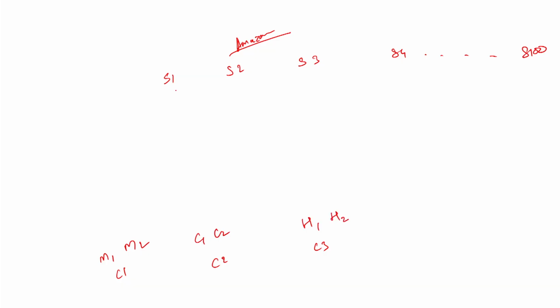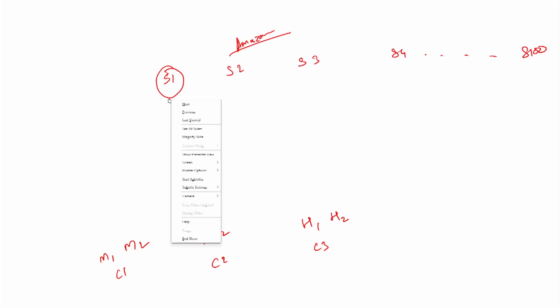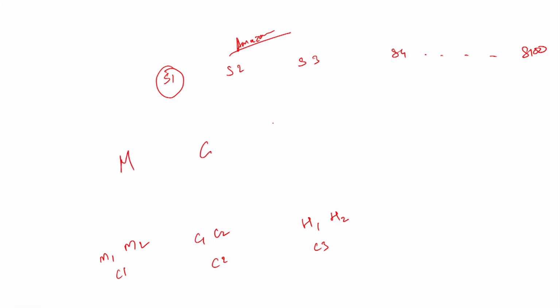The suppliers first supply to the main hub. Each city will have a main hub, and the suppliers will give to the main hub.